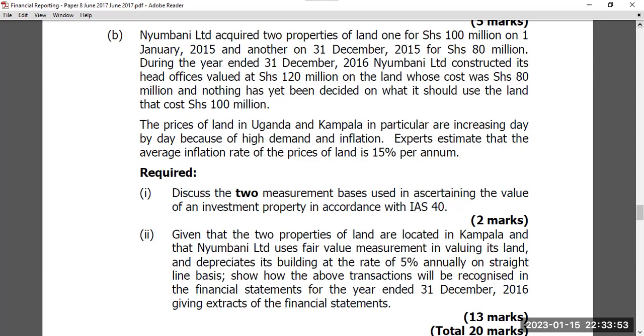You can't compute these figures and say you will be able to earn these 13 marks. What you have to first do is explain what we've been explaining, and don't be too wordy. Make sure you write something that is precise and concise. Not too much, but at least it makes a point.